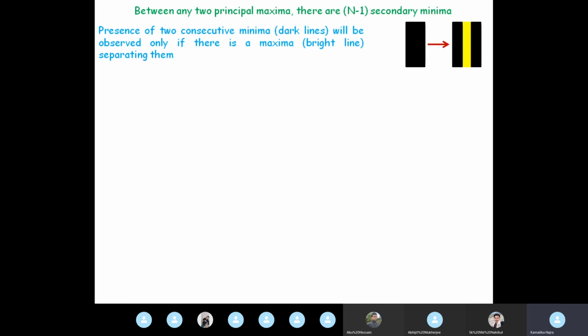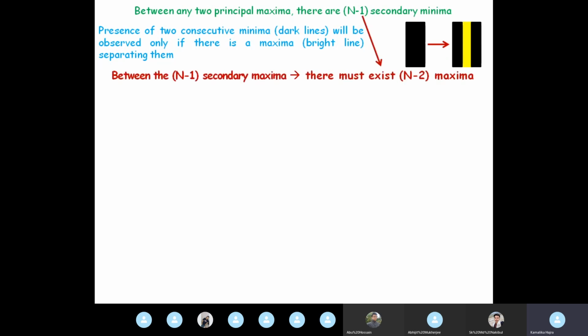Just as I told you right now, if we have a system containing 6 slits, then between two principal maxima there will be 5 minima. How will you decide that there are 5 minima? You will only be able to say that there are 5 minima if there exist 4 maxima between them. You will be able to say that there are 5 dark lines only if there also exist 4 bright lines separating the 5 dark lines.